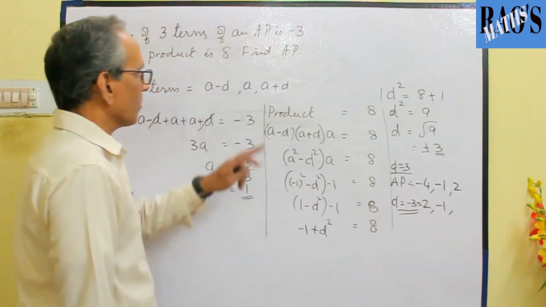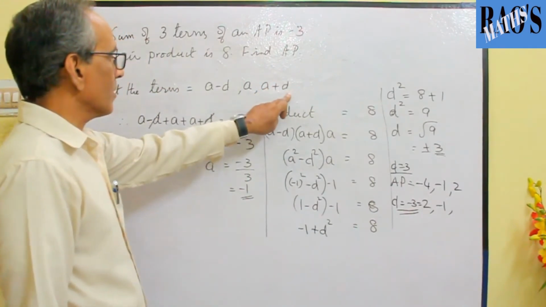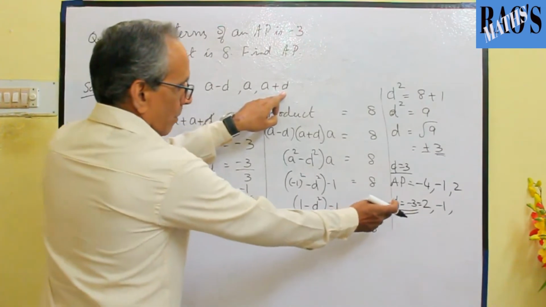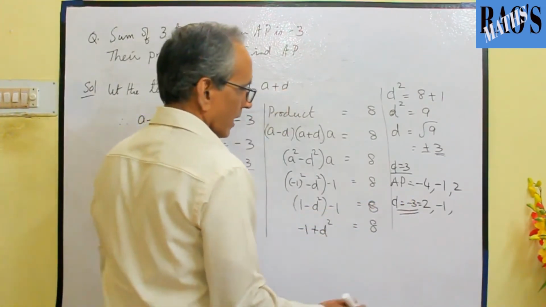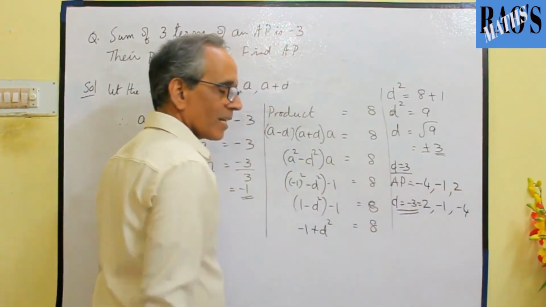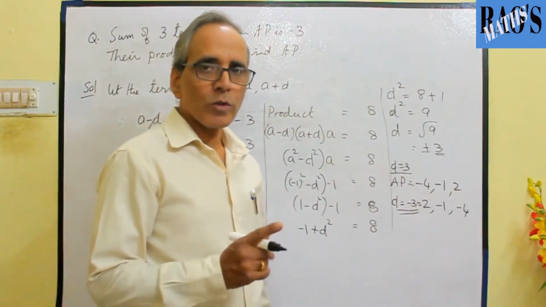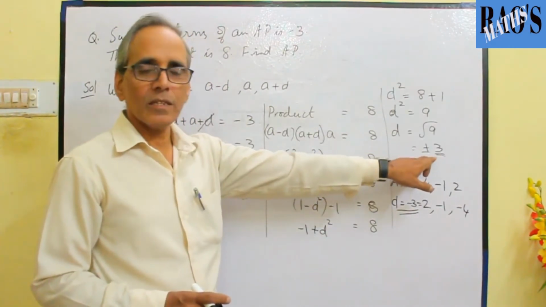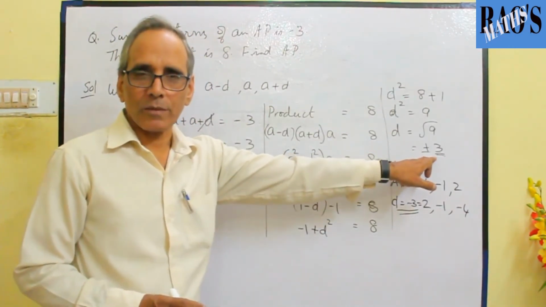And the third term A plus D. What is A? Minus 1. What is D? Minus 3. Minus 1 minus 3 is minus 4. See, we get the same in reverse order. So there are two APs possible in such cases where D has two values, positive and negative.